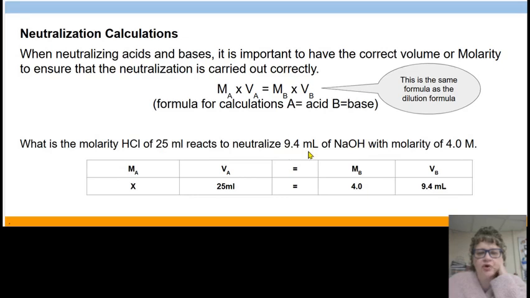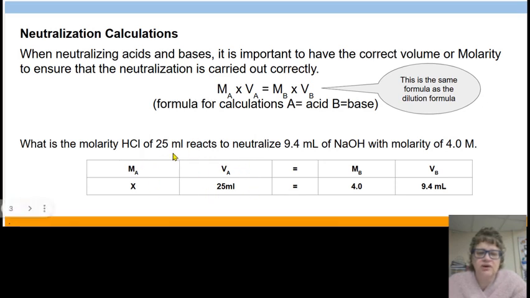neutralize 9.4 milliliters of sodium hydroxide with a molarity of 4 molar? So if we plug into our equation, Ma is what we're looking for.